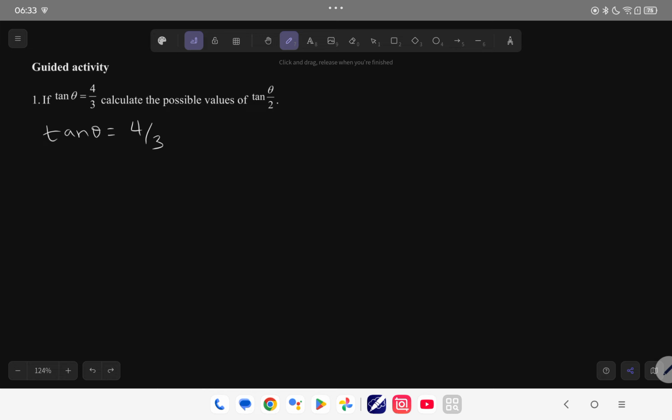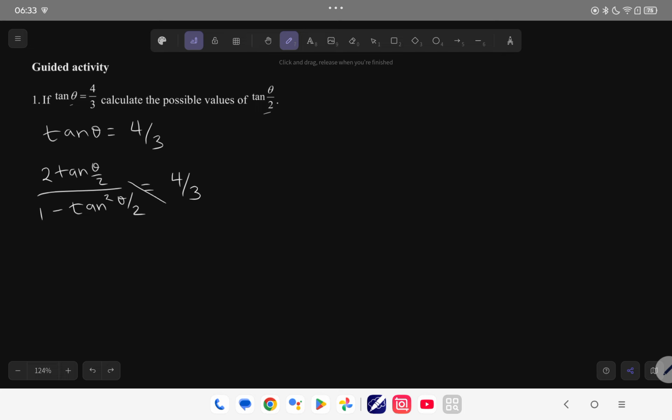Now, I want to move from theta to theta over 2. Theta over 2 is half of theta. So we apply the identity for multiple angles, whereby tan theta becomes 2 tan theta over 2 out of 1 minus tan squared theta over 2, giving us 4 over 3.